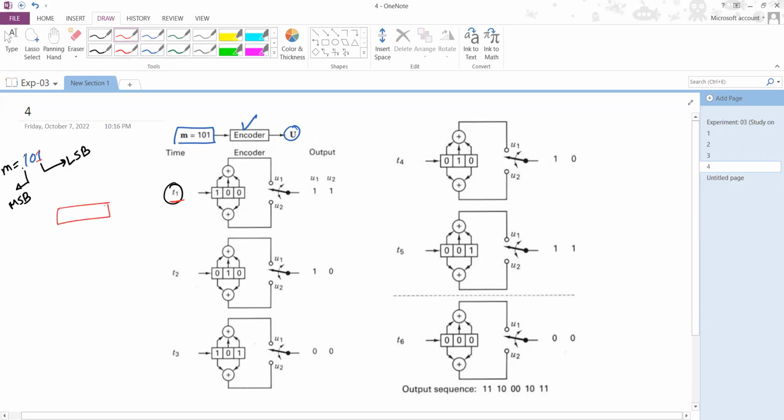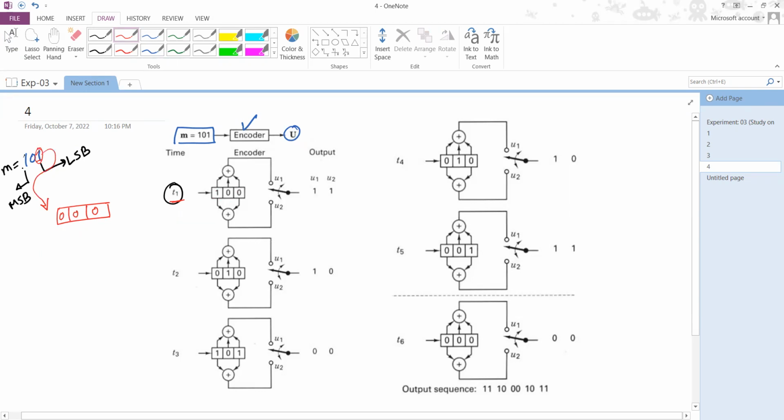So if I consider this is our shift register, at first all the values of the shift register are 0. Now we'll take this 1 input and insert it in this shift register at time t equal to t1.